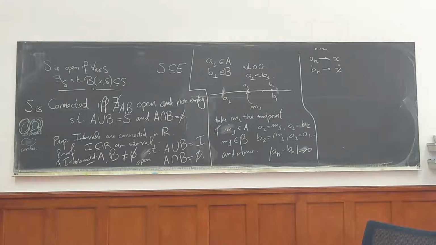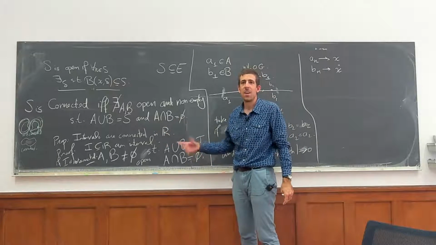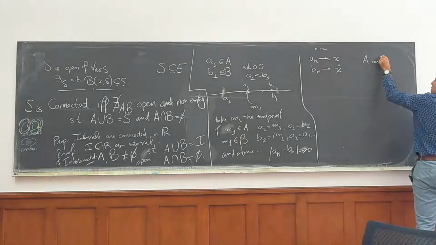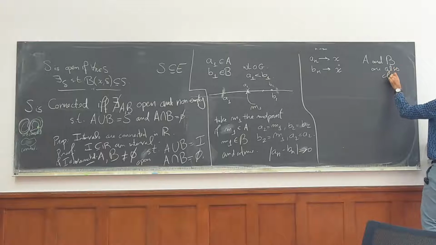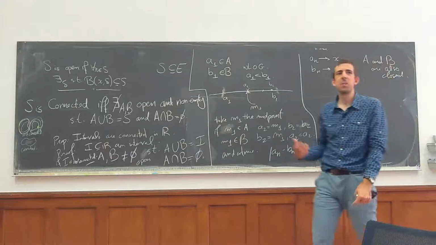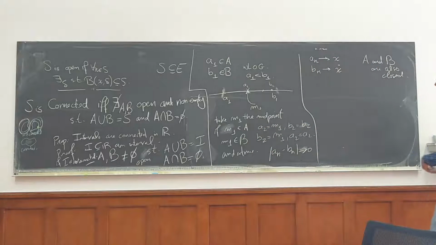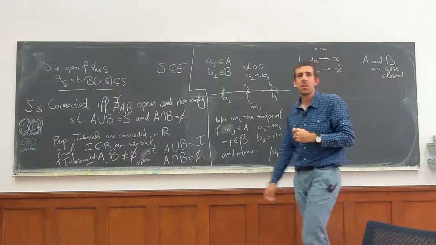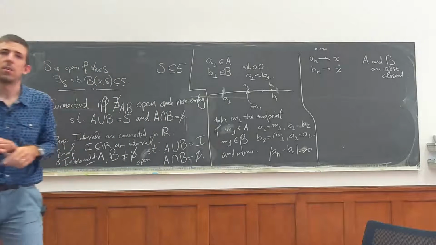But because A and B are complements in S, and they're open, they're also closed. Right? The A is the complement of B, and B is the complement of A in the relative topology in S. And so this means, if you have a sequence converging in a closed set, then the limit point needs also to be in the closed set.